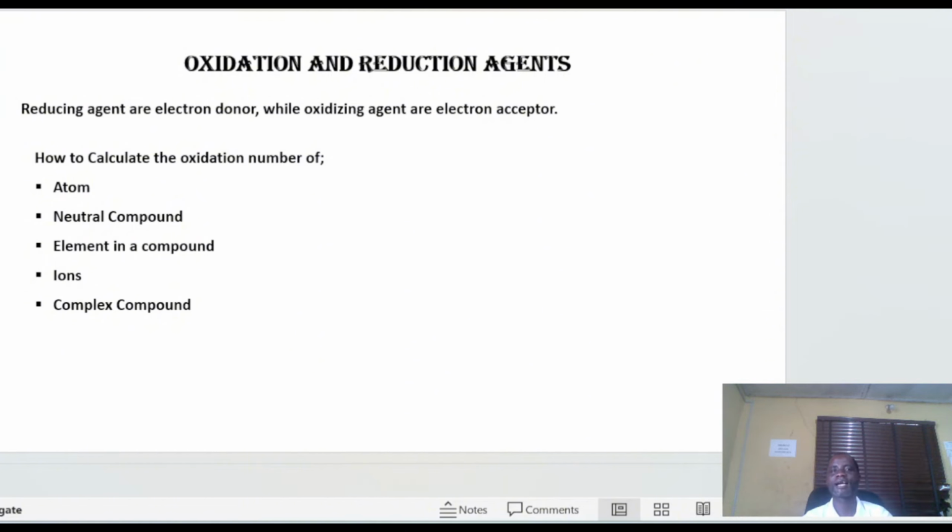Reducing agents are electron donors, while oxidizing agents are electron acceptors. When reducing agents donate electrons, they themselves become oxidized, therefore their oxidation number increases. While oxidizing agents, the electron acceptors, when they accept the electrons, become reduced. These are the basic ways in which you can define reducing agent and oxidizing agent.